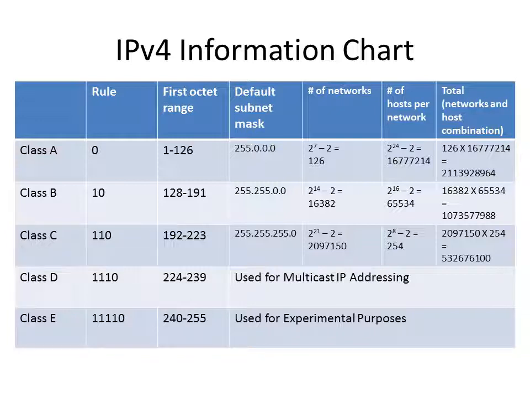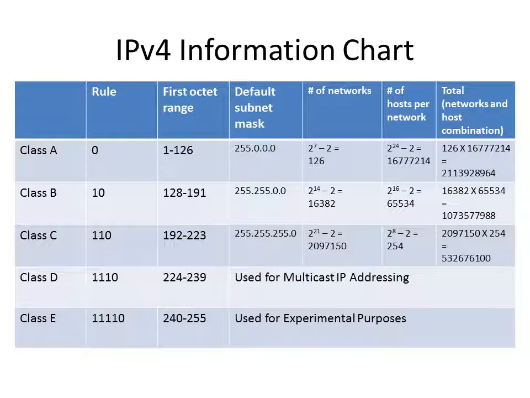The 127 in the first octet is not included because that's used for loopback purposes. For Class A, the default subnet mask is 255.0.0.0, or in other words, the first 8 bits in the first octet belong to the network ID.